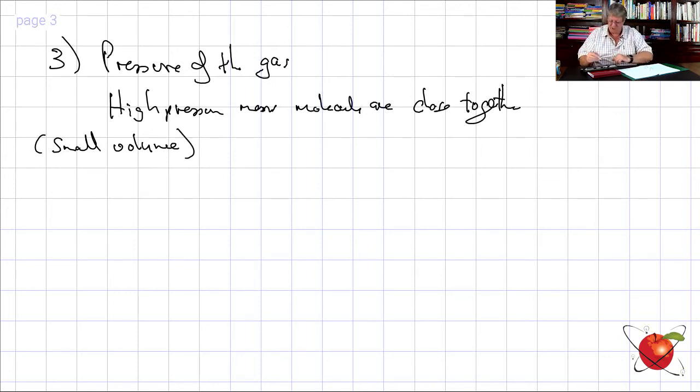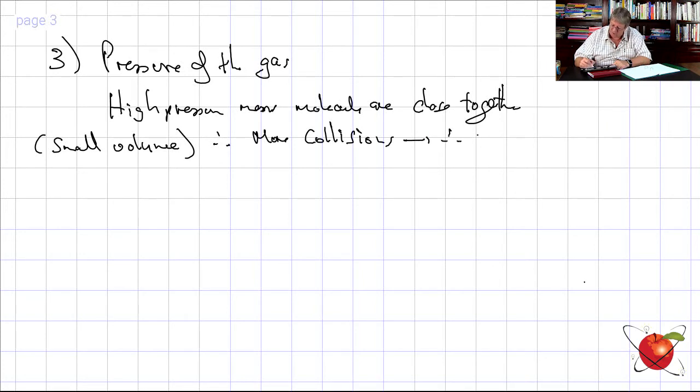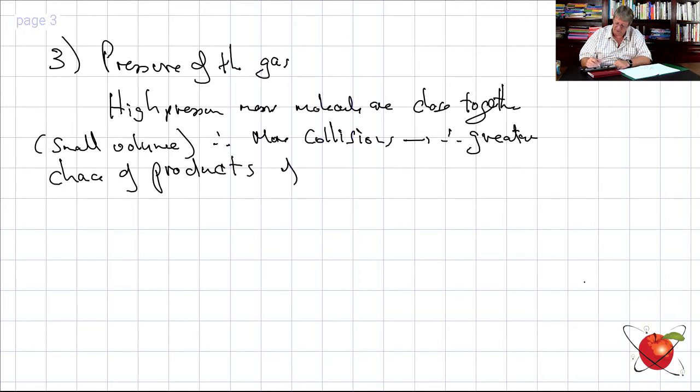So I've crunched them together, therefore I get more collisions. Don't I? If I scrunch them together, I get more collisions, which increases the chance of a product. More collisions, therefore a greater chance of product forming.